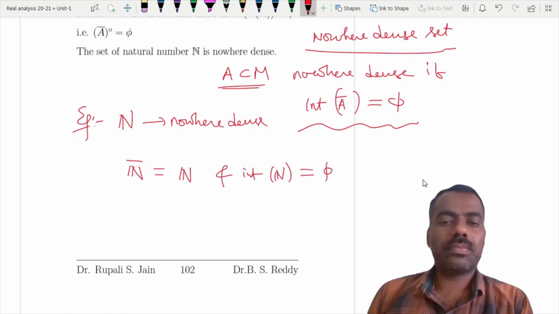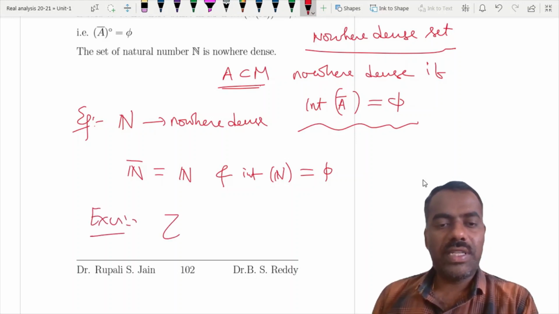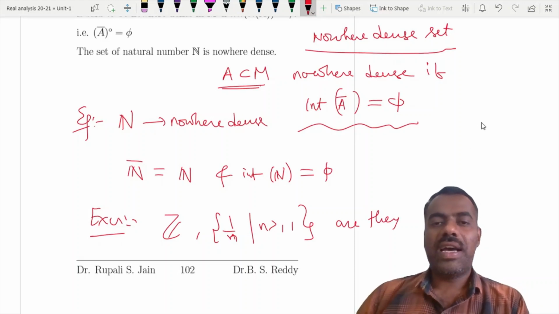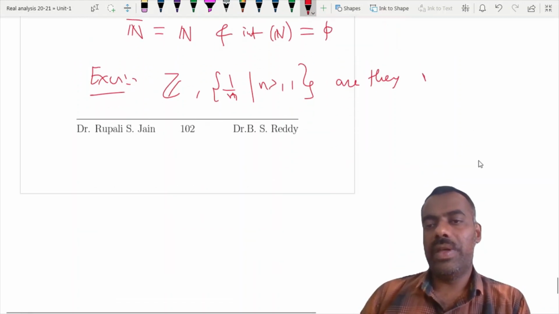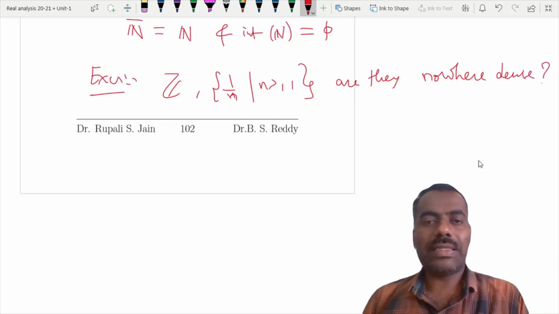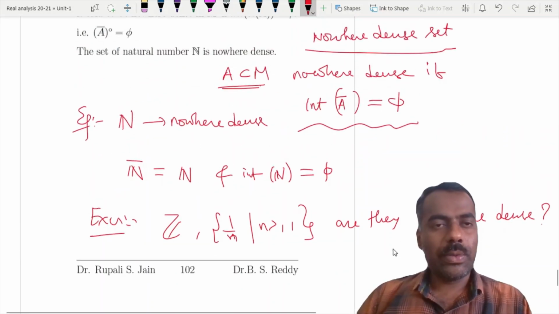So you can check what you can say about Z, and about the set of 1 by N. Are these sets nowhere dense? If they are nowhere dense, then why? If not, then what is the reason? Okay. So in the next class, we'll discuss continuity in a metric space.